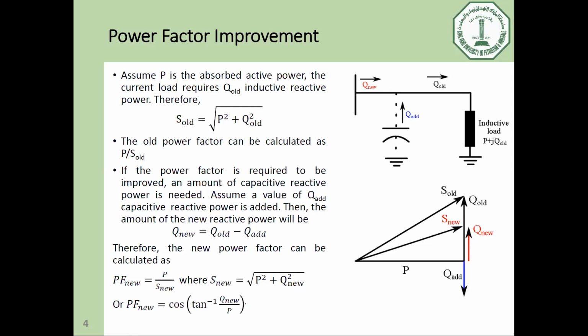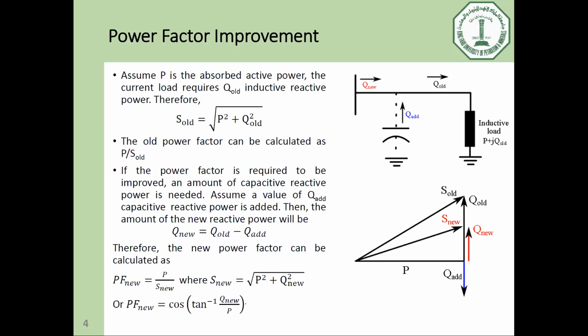Yes. Okay. So we assume Q inductive as negative, so Q added should be positive, or the inverse: Q old is positive, so Q add should be negative. So we need the resultant value. Okay. Q new will equal Q old minus added Q.